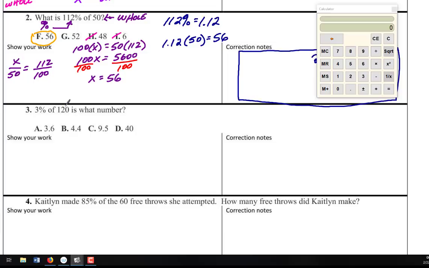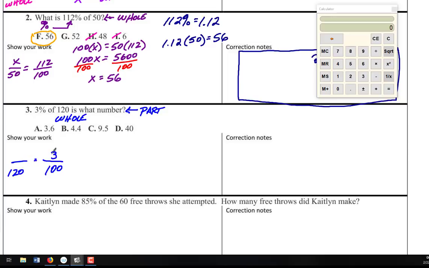All right, 3% of 120 is what number? Well, the of what number is going to be the part. The 120 is the whole. So we are going to have the whole 120. We're going to have the 3% over 100.